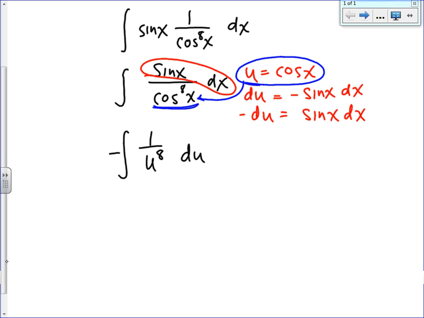Well, first we could, I guess, rewrite this as minus the integral of u to the negative 8 du, which if I now integrate by the power rule, you would add 1 and then divide by the new power, which in this case would be minus 7. So what we end up with is the two negatives here will cancel out, and I'm going to pull that 7 out in front.